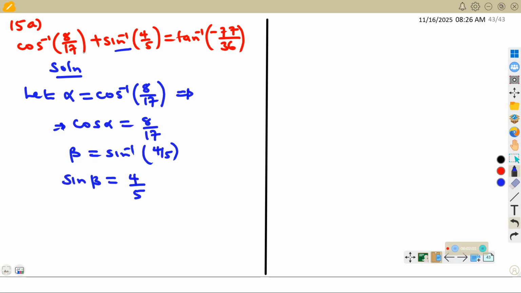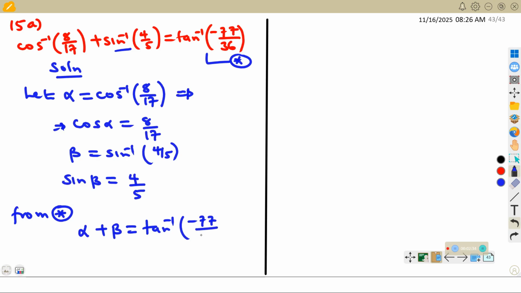Now, we have cos inverse of this plus sine inverse of this is equal to that. We shall call this equation star because we shall be referring to it. From equation star, we have alpha plus beta equal to tan inverse of negative 77 over 36.